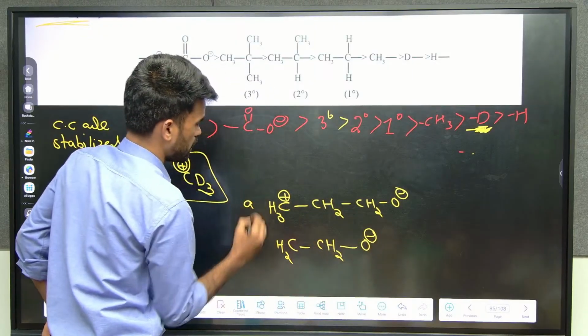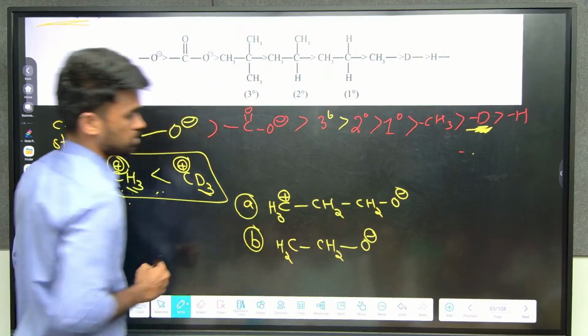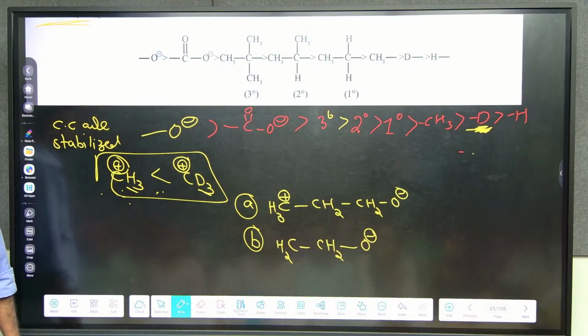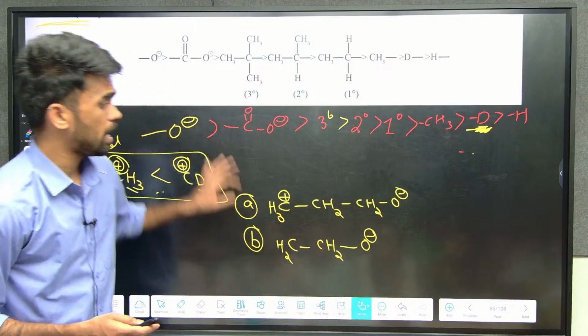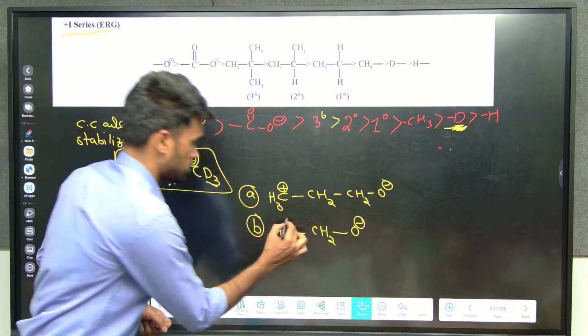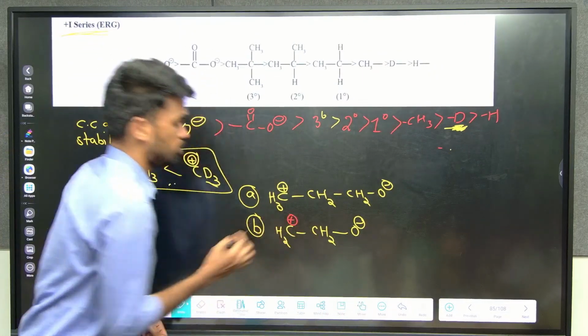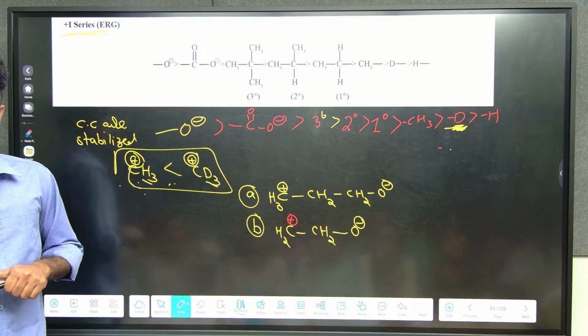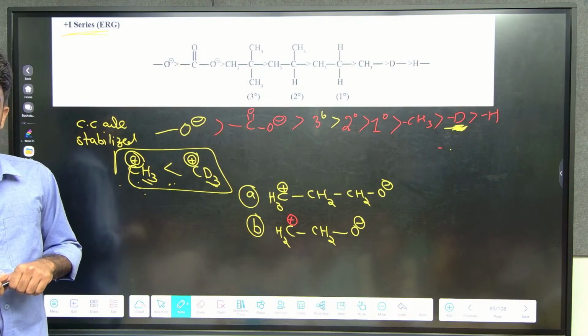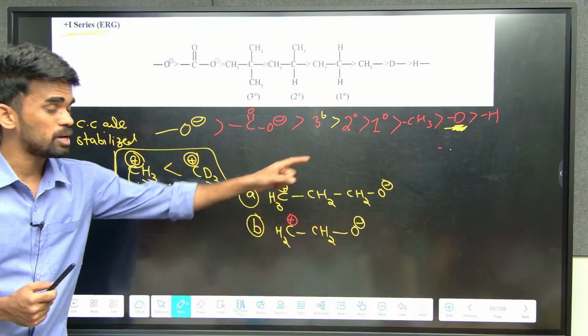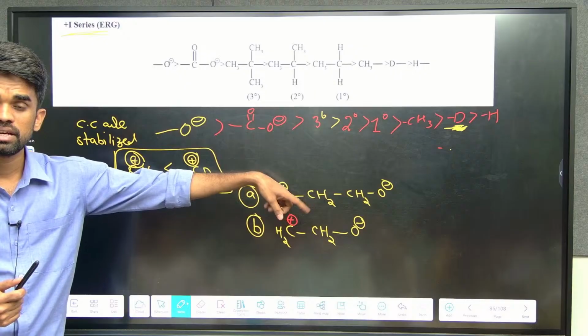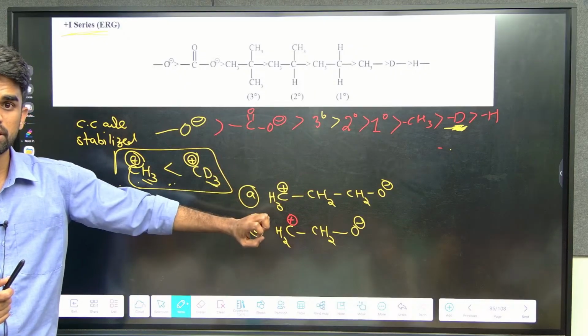Out of this A and B, you tell me, which is more stabilized? A or B? Which carbocation is more stabilized? Both of them are carbocations. Now what type of groups are required, releasing groups or withdrawing groups?